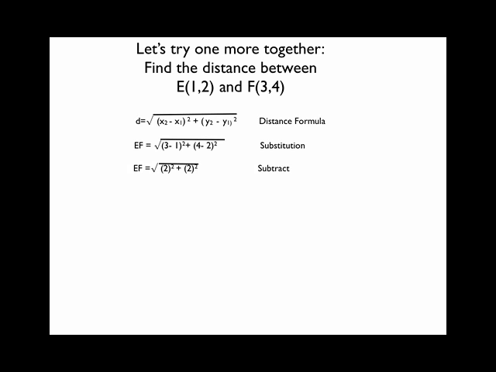Third step, let's do some subtraction. 3 minus 1 gives us 2. 4 minus 2 also gives us 2. Let's square the numbers in our parentheses, and we get 4 and 4. We add those together to give us 8, and we take the square root of 8 to get 2.8. So the distance between these two points is 2.8.